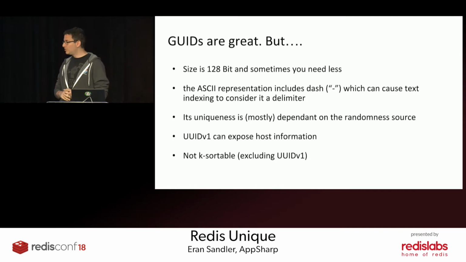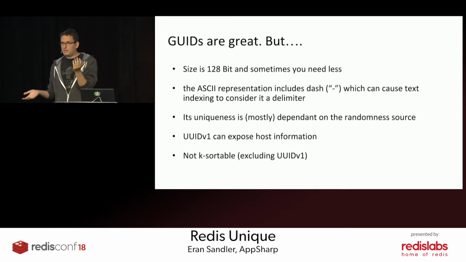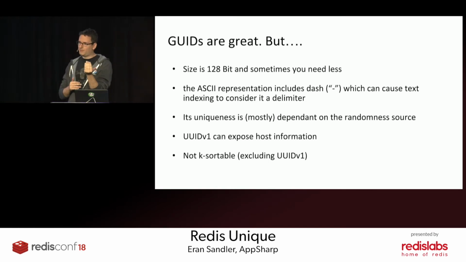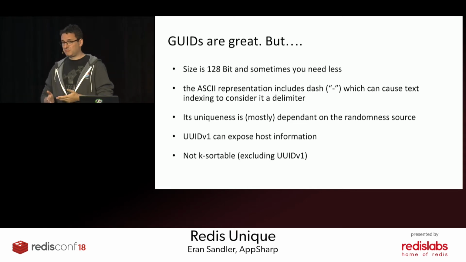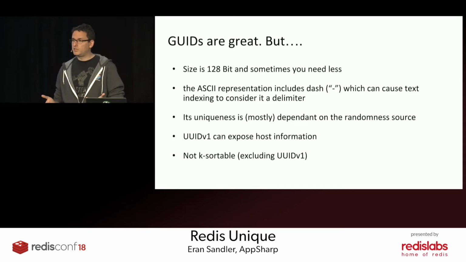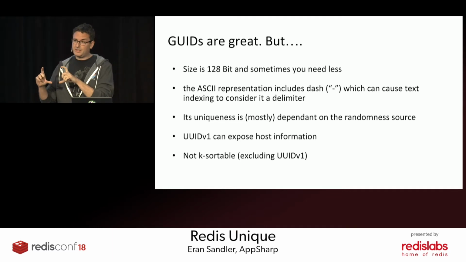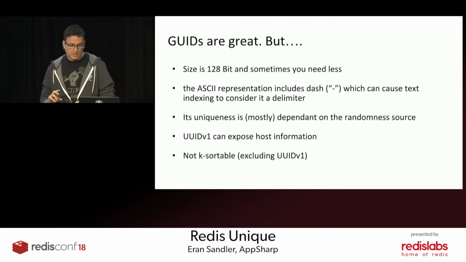In most cases, UUIDs v4, GUIDs v4, are completely random, they're not consecutive. So if you get a bunch of these IDs and you want to sort them, there is no guarantee of any type of sort. Some of them may have smaller lexicographical values, some of them may have larger values, but they're basically going to look very different, and you have no way of knowing just from the IDs which one was generated first.